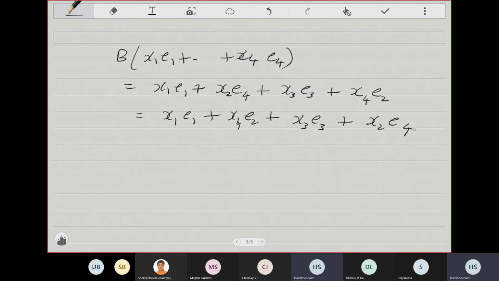So the point of writing it like this, as Rudin remarks, is that you can think of a flip as just changing the coordinates of two of the vectors. See, for E2, initially the coordinate was X2, but now it has become X4. And likewise for E4. Okay, so basically that's it.